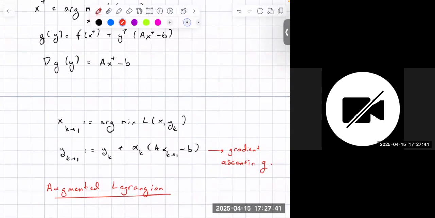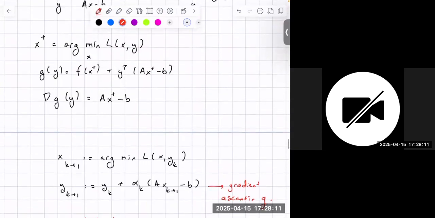Pick a y, minimize for x, that's your next x. Put that x back in, do a gradient ascent, that's your next y, go back, do it again, keep iterating until you converge. Why do you know this is going to work? Because you know there's no duality gap. You're going to hit that sweet spot where primal and dual are equal to each other. You're increasing your dual problem. Max of the dual is the same thing as min of the primal. So that's a standard dual algorithm.